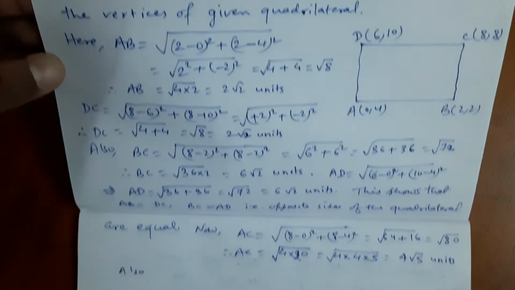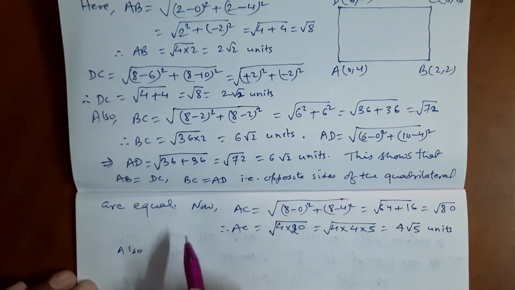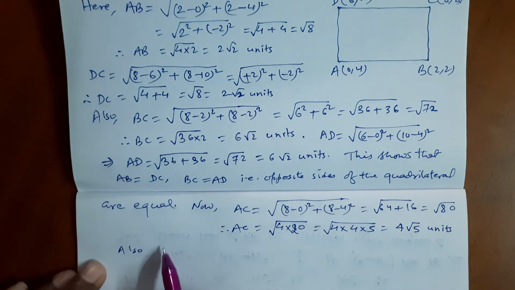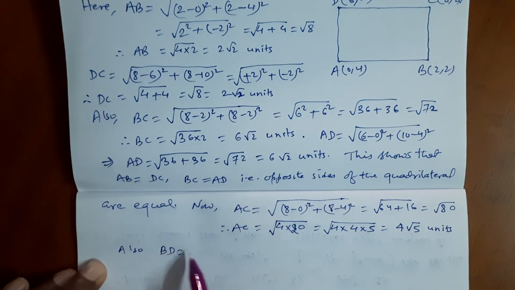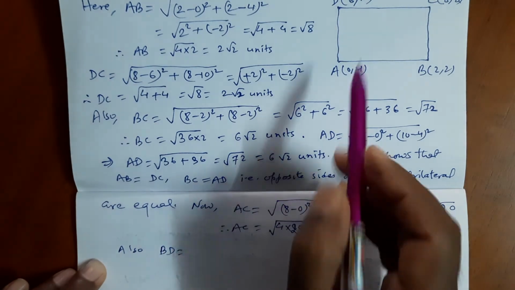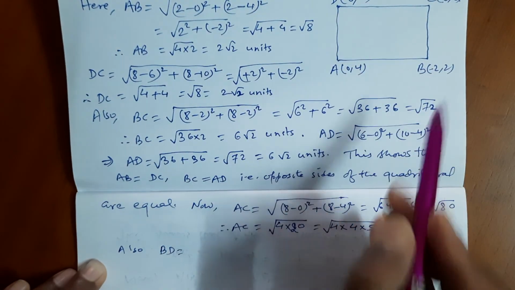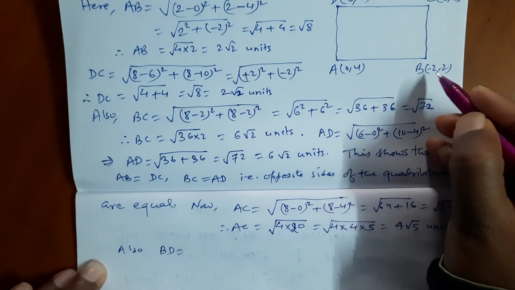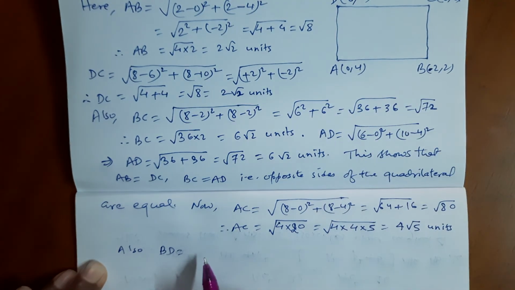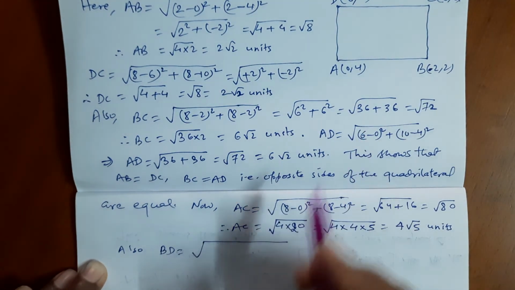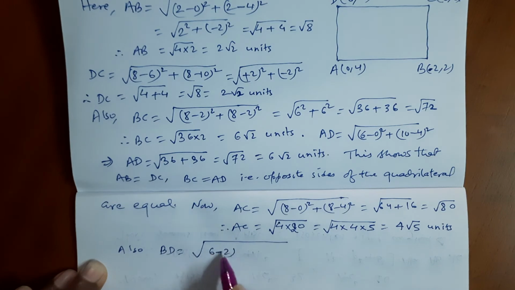Also, let us find out diagonal BD. BD equals x2 minus x1 square plus y2 minus y1 square. Okay, 6 minus 2 square plus 10 minus 2 square.